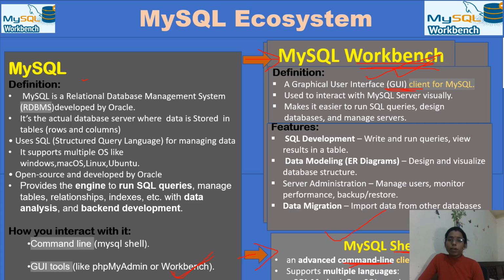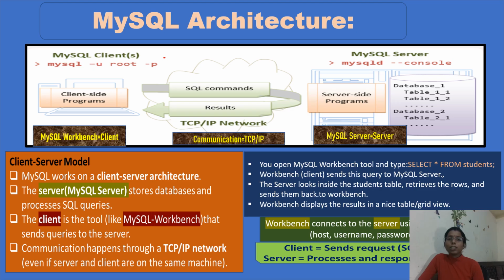Let's move towards our last slide for today, MySQL architecture. Architecture is the diagrammatic picture which talks about MySQL, like client, server, and communication, basically the relationship between the client and server. We can say client server model or client server relationship.